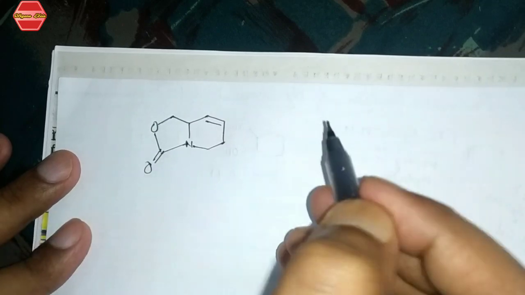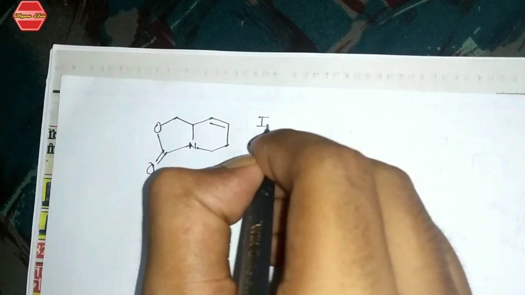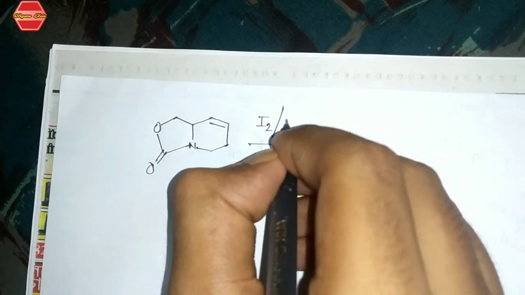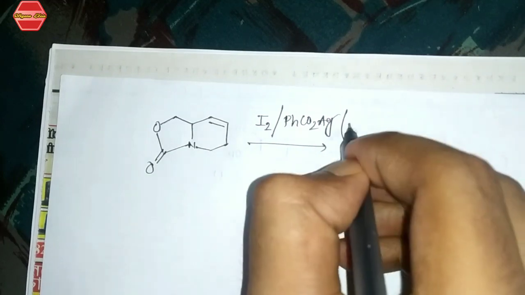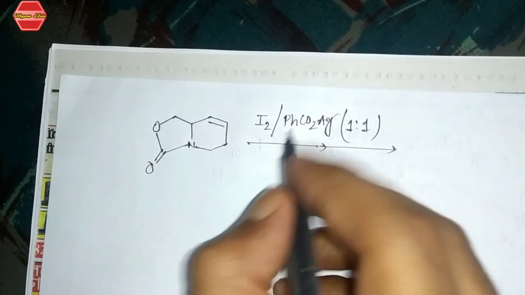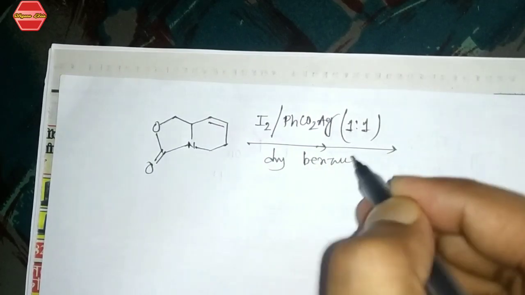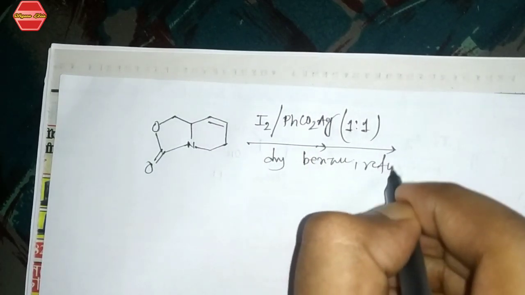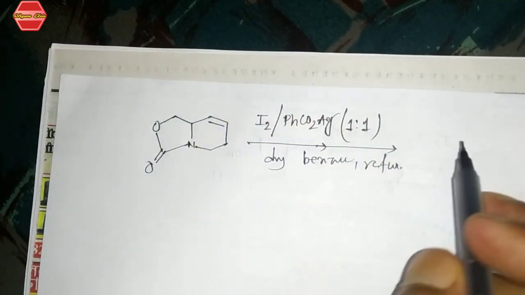So this is one kind of product, and we are using I2 and PhCO2Ag in 1:1 amount. And the solvent is inert, that is dry benzene is used for this reaction, and reflux. So what will be our product? Our product should be trans to each other.